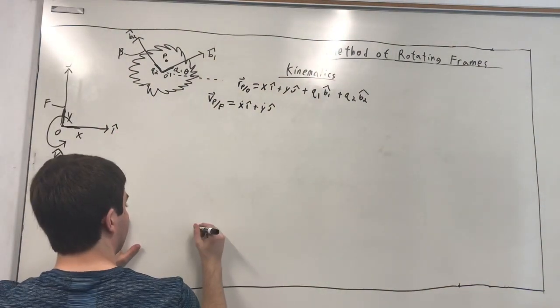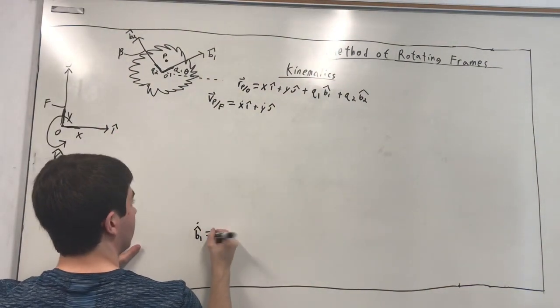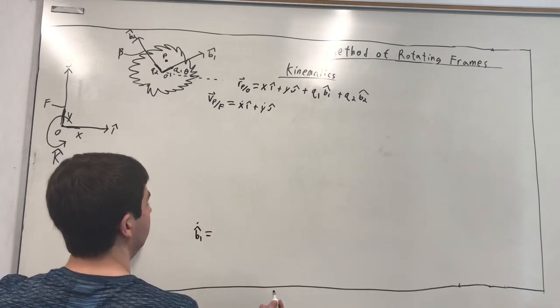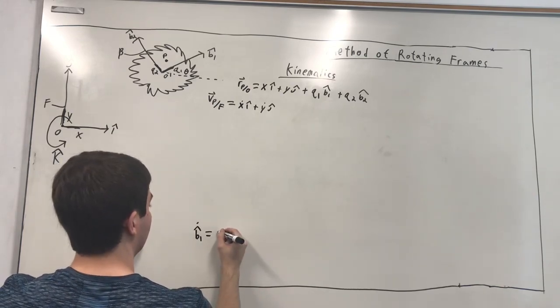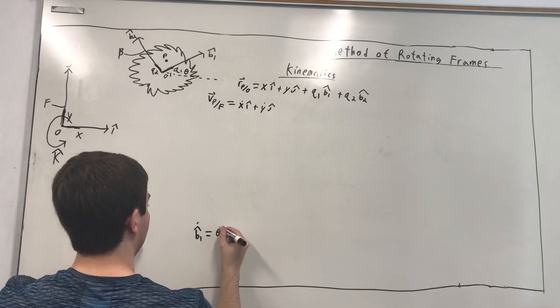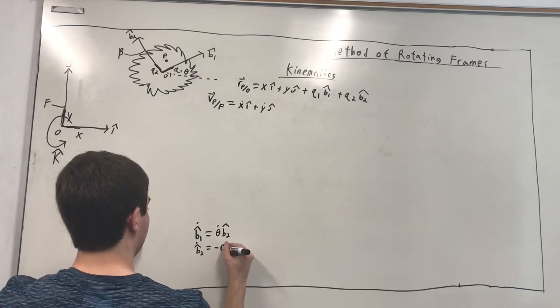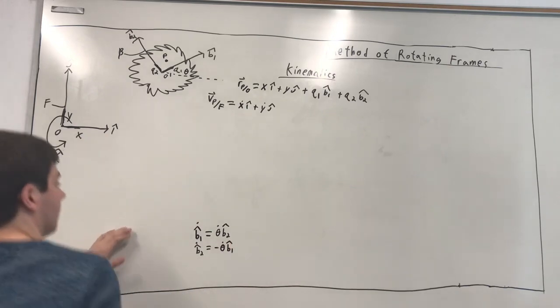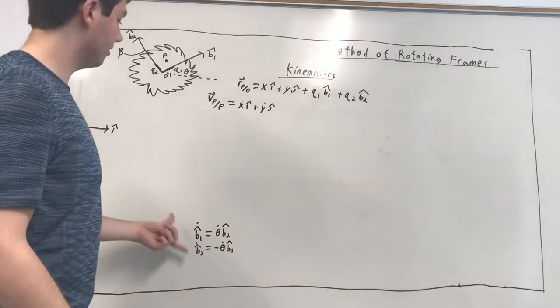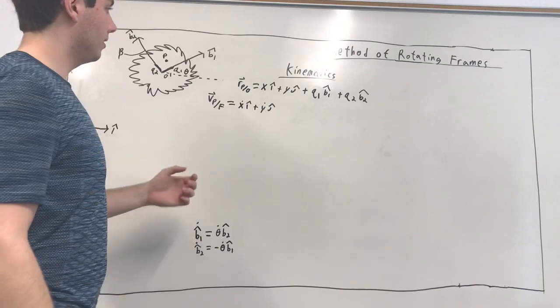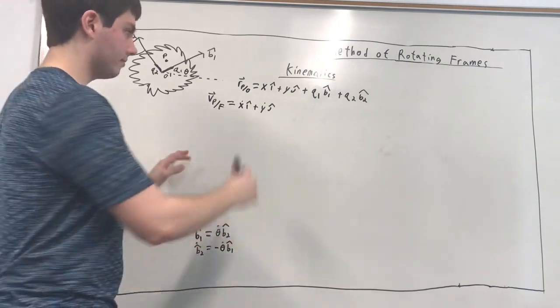B1 hat dot equals theta dot B2 hat, and B2 hat dot equals negative theta dot B1 hat. So if you want to see a derivation, look at the last video. I'm going to just get right into it.